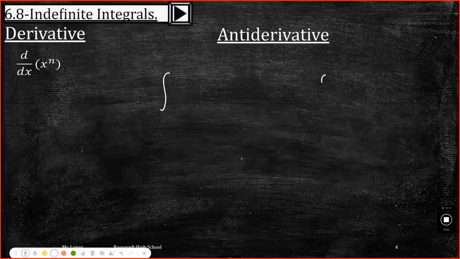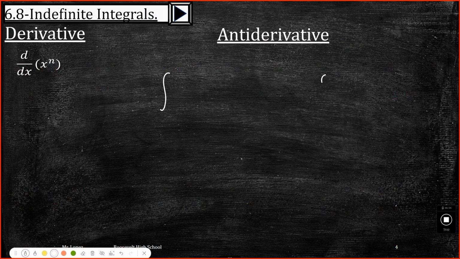All right. So let's go over all these antiderivatives. We're all just going to go backwards of what we already know from derivatives. So for x to the n, you got some x to the sixth.